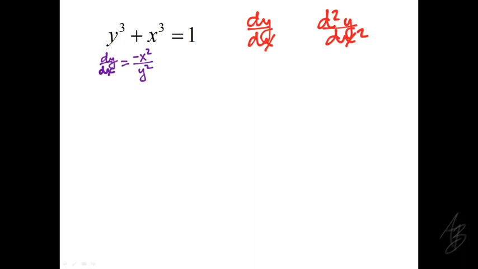So finding the second derivative now, we'll take the derivative of that. So we have the second derivative of y with respect to x is equal to, and now we're going to have to use the quotient rule.